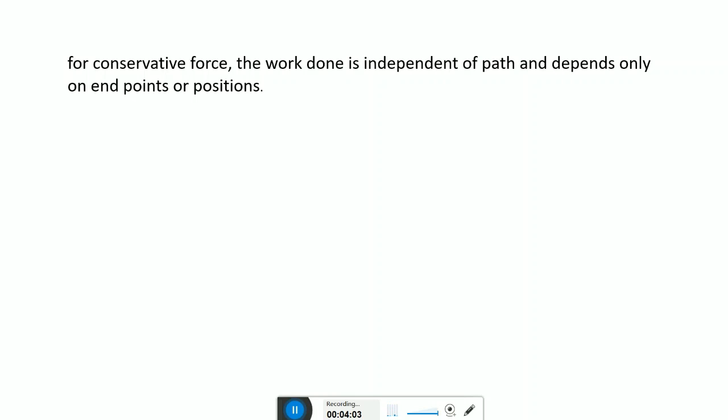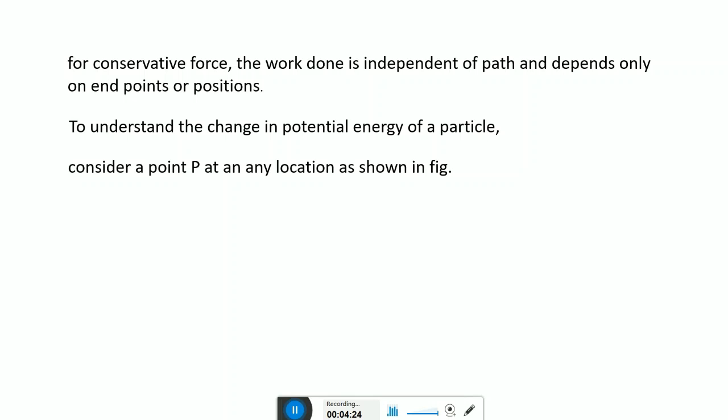We know that for a conservative force, the work done is independent of the path and depends on endpoints or positions. To understand the change in potential energy of a particle, consider a point P at an arbitrary location as shown in the figure.